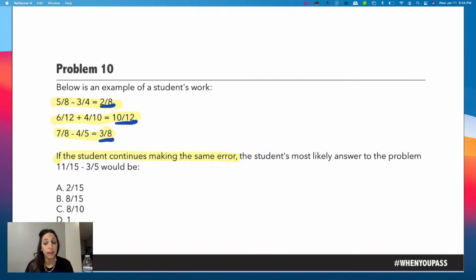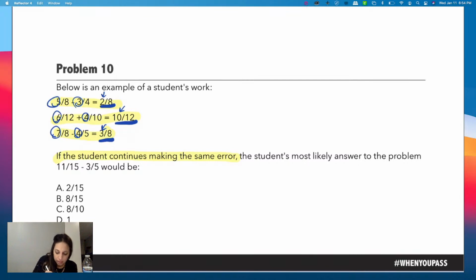They're certainly not getting common denominators, I can tell you that right now. How did they get 2? They did 5 minus 3. How did they get 10? They did 6 plus 4. How did they get 3? They did 7 minus 4. All right, we kind of have an idea.